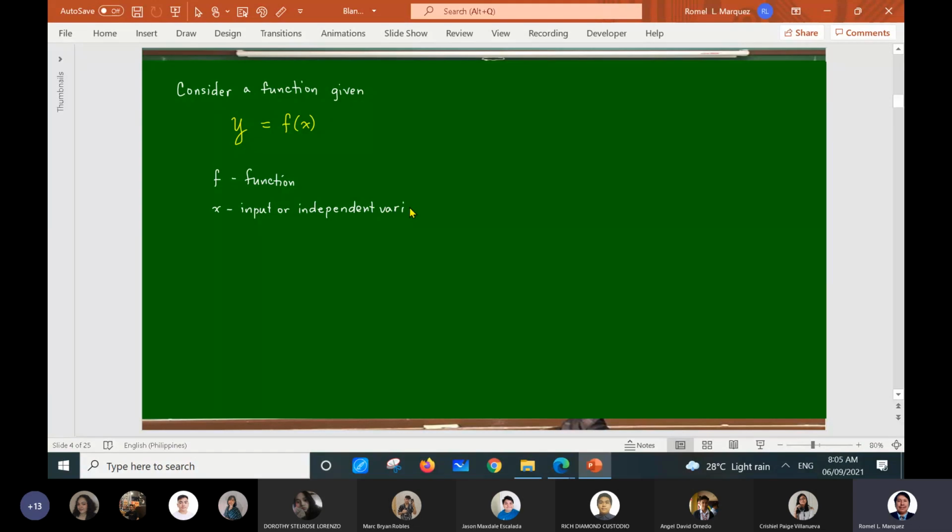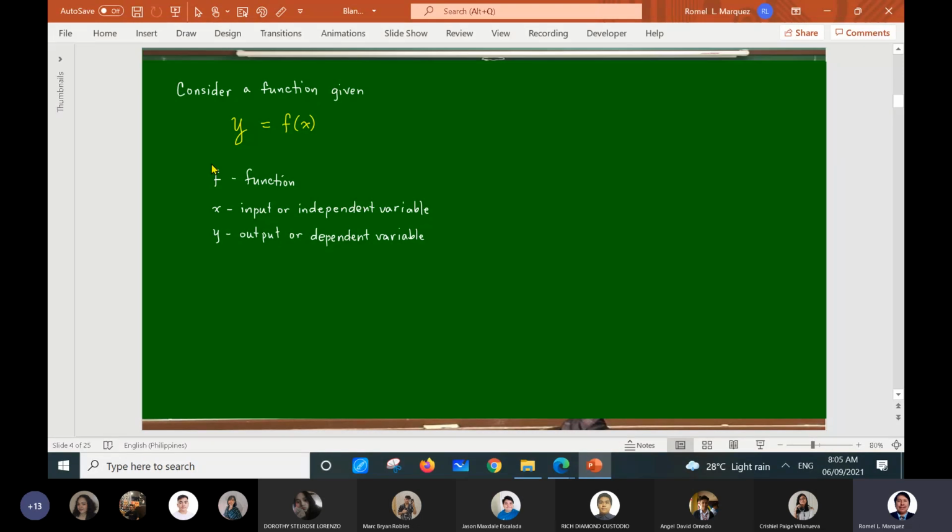What about y? y is the output or dependent variable. Okay? And in this notation, there are two important sets involved.